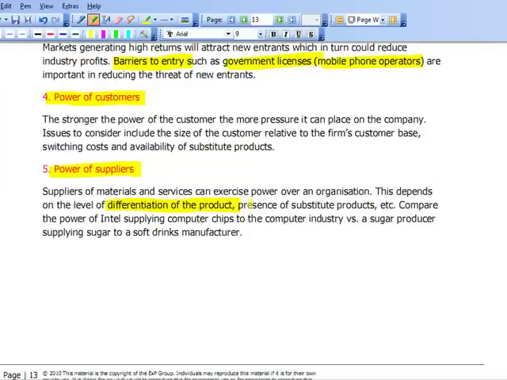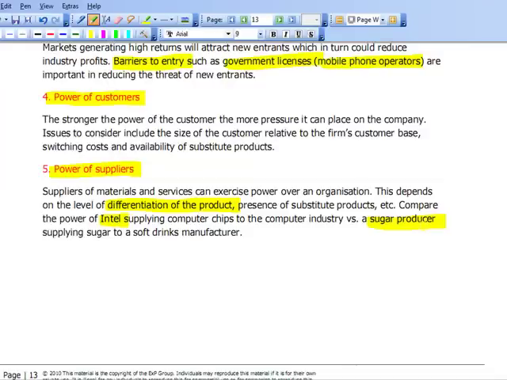So compare the power of Intel, the computer chip manufacturer, supplying computer chips to the computer industry versus a sugar producer supplying sugar to a soft drinks manufacturer. The power of those two would be dramatically different.